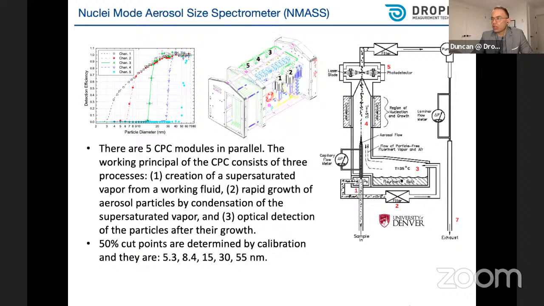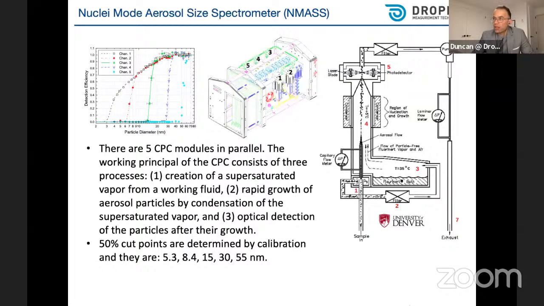So the Twomey effect states, what Twomey discovered was that if you have a cloud of a fixed liquid water content, if you introduce a low concentration of aerosols, then you're going to condense that water on a small number of aerosols, which means that those droplets that form, those CCN that form, would be quite large in size.